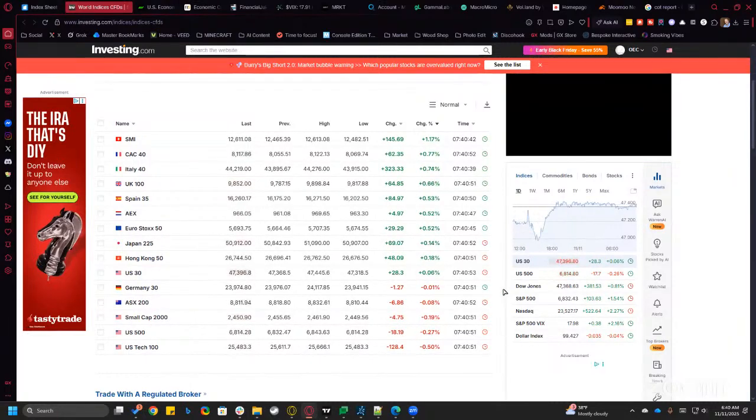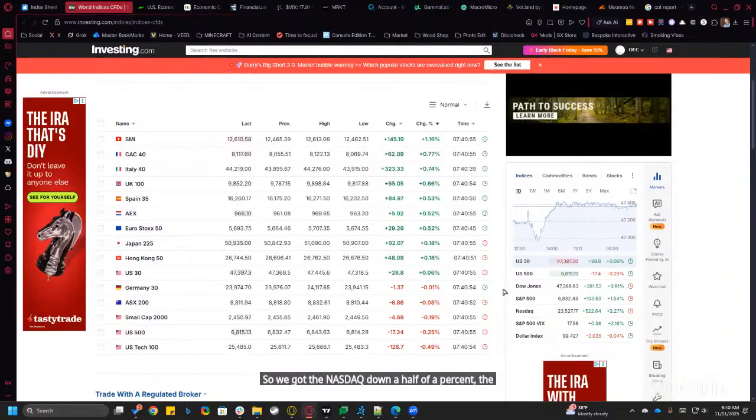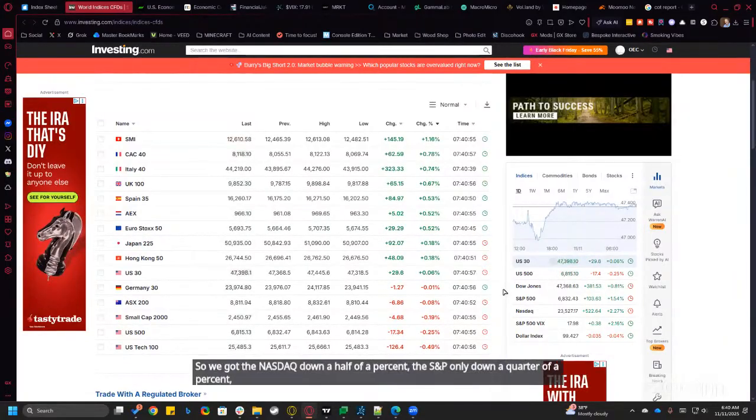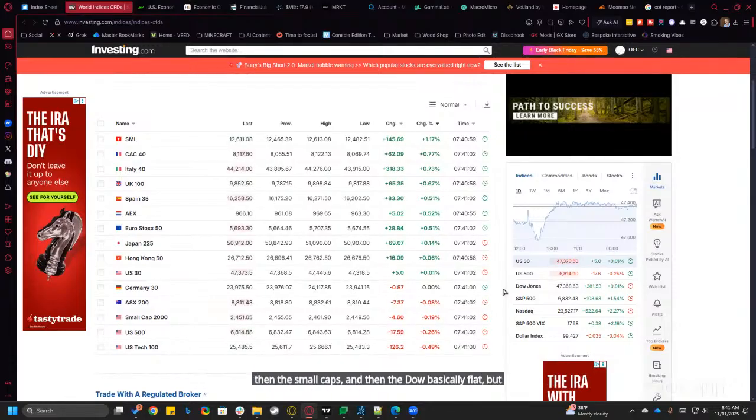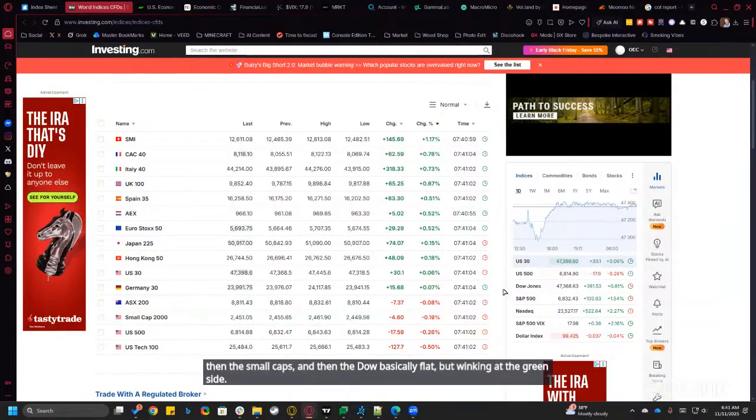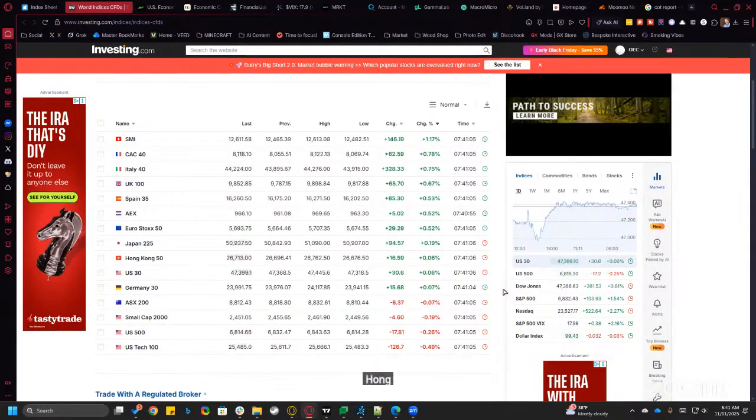So we got the NASDAQ down 0.5%, the S&P only down 0.25%, then the small caps, and then the Dow basically flat, but winking at the green side. Hong Kong, China, Europe.